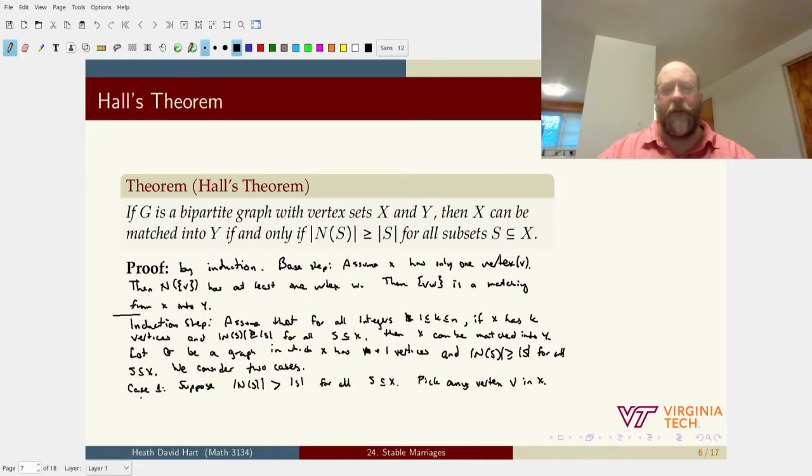Pick any vertex V in X, and match it to any adjacent vertex W in Y. So I'm picking a random vertex V, matching it to vertex W in Y. Let G star be the graph G minus the set VW.